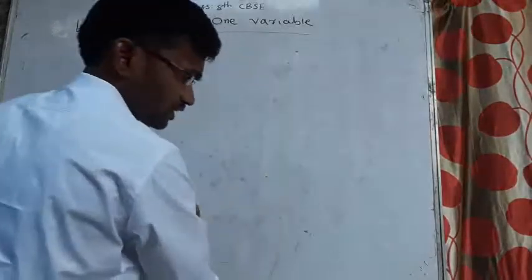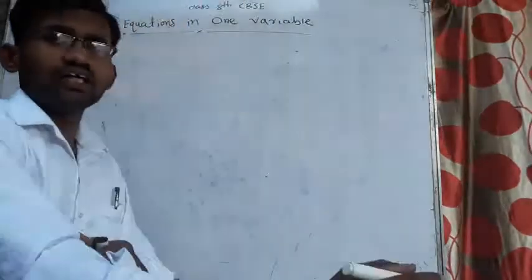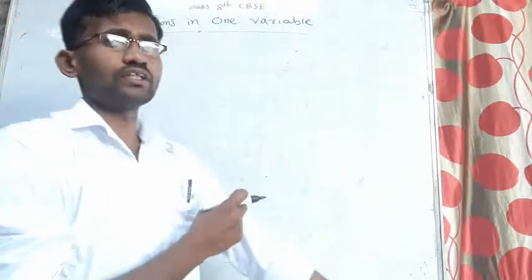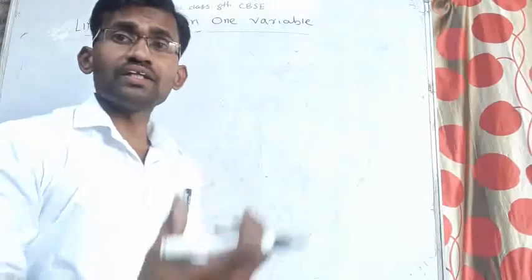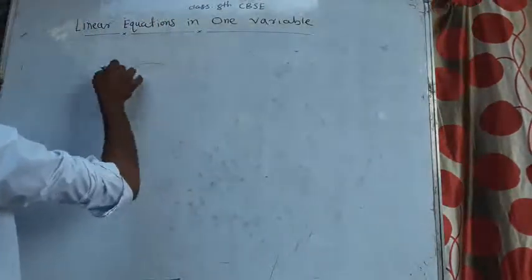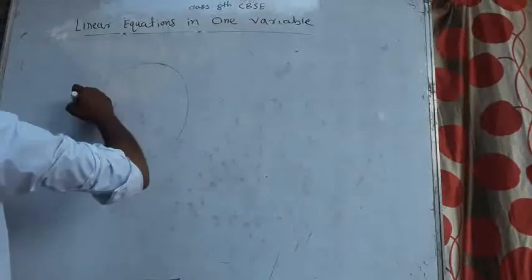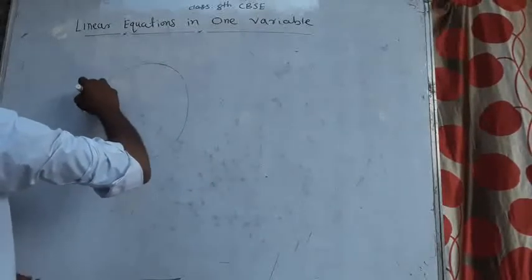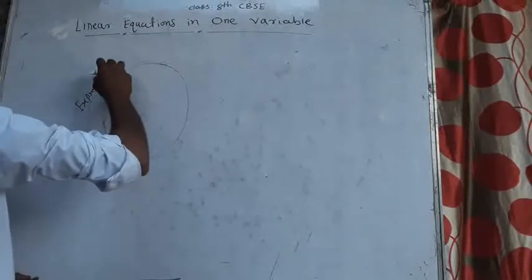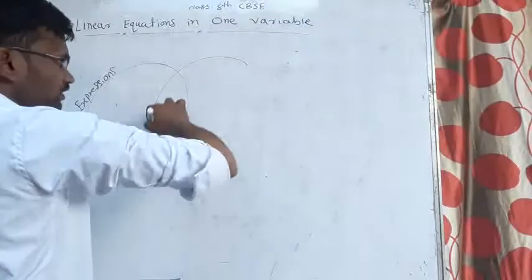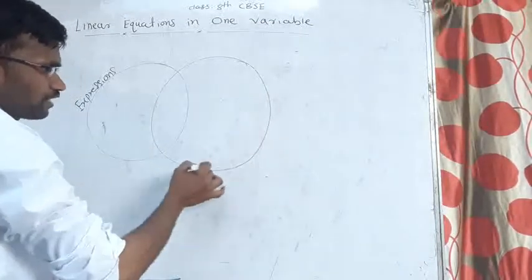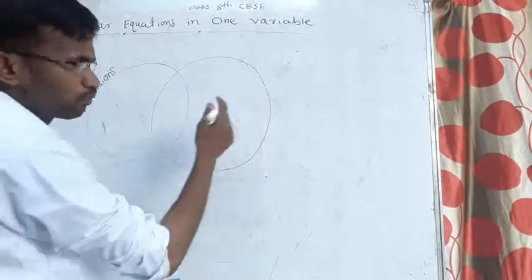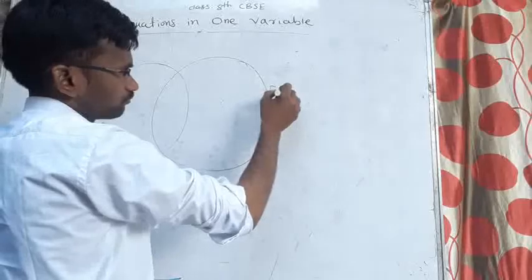We will understand this concept by drawing a Venn diagram. Consider this is the expressions, this is the equation, and what is common between them we will write here.